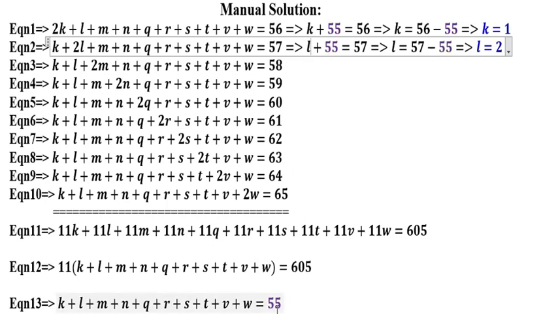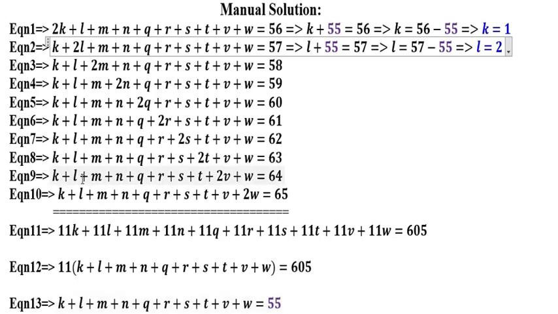Equation 13 is 55, and it is equal to 57. That means L is equal to 57 minus 55. L equals 2.